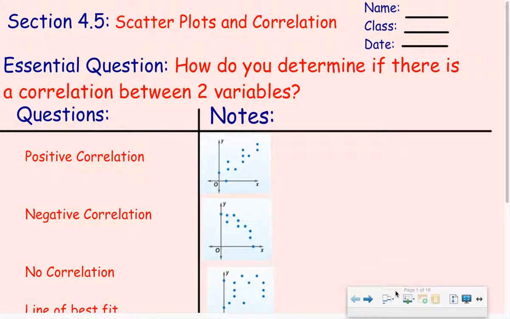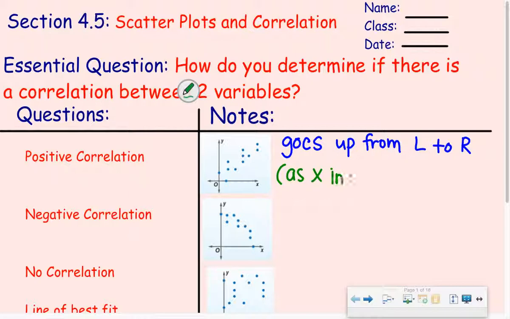So positive correlation, the graph will go up from left to right. I'm going to put L to R for left to right, meaning that as X increases, Y increases.